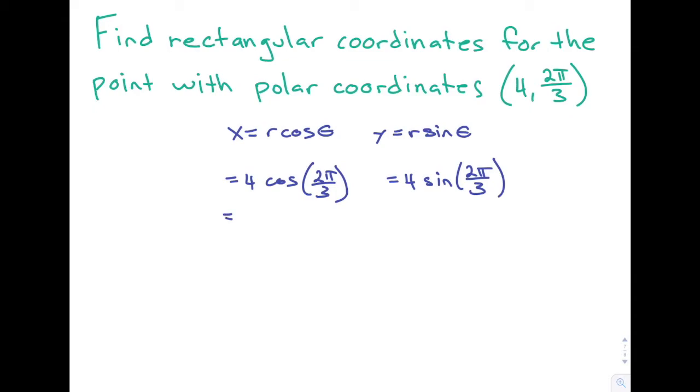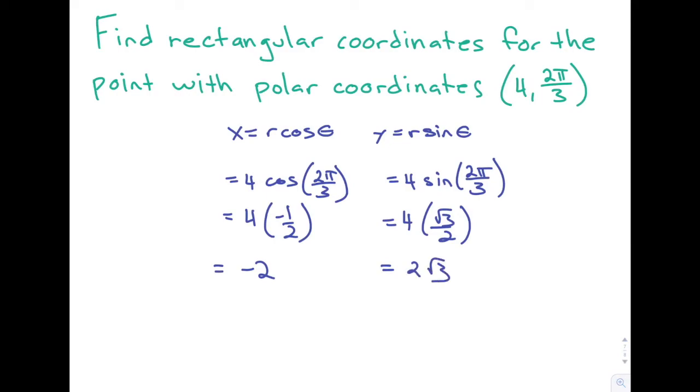Cosine of 2 pi over 3 gives us negative a half, so that's 4 times negative a half, and the sine of 2 pi over 3 gives us root 3 over 2, so that's 4 times root 3 over 2, and we have negative 2 for x and 2 root 3 for y.